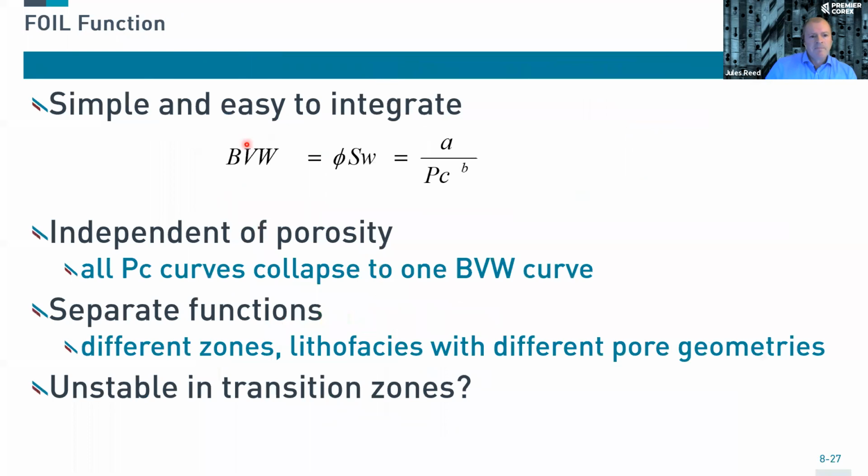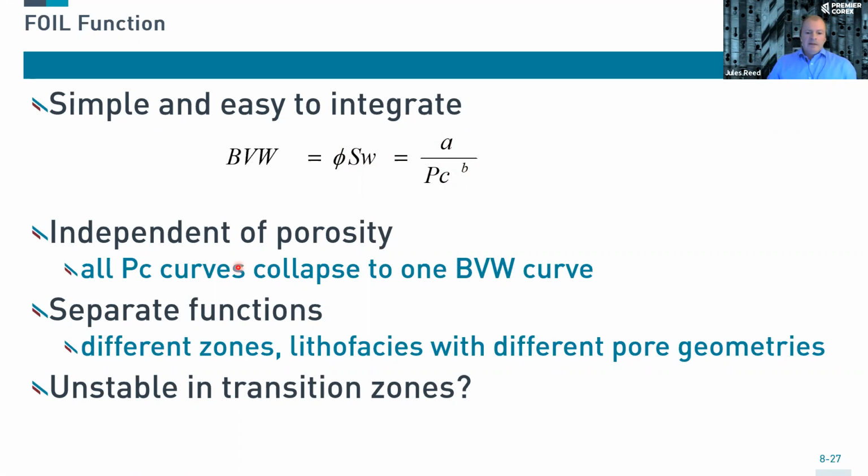The Foil function is possibly one of the most simple ones. It's using bulk volume of water. Bulk volume of water is porosity times saturation, so you've already got porosity within the unit. We say the bulk volume of water is this term here, and you're becoming very familiar with this: A over PC to the power B. So this becomes independent of porosity.